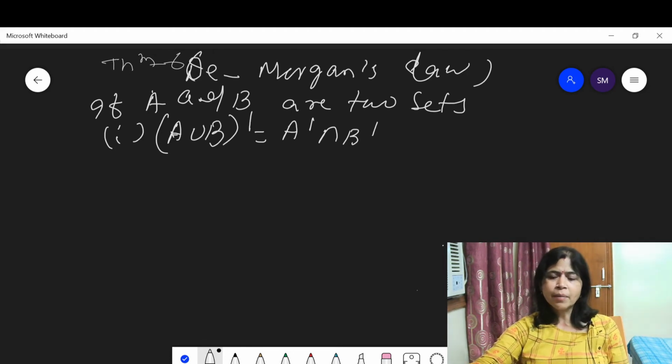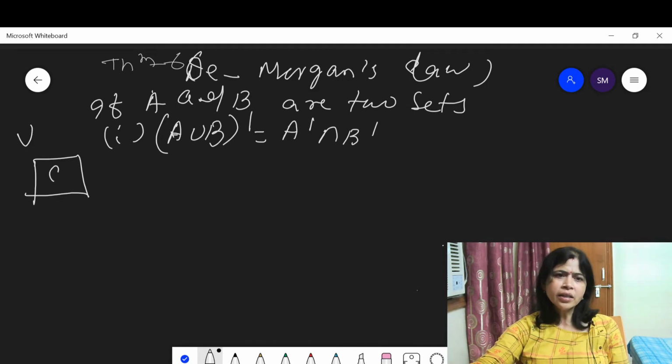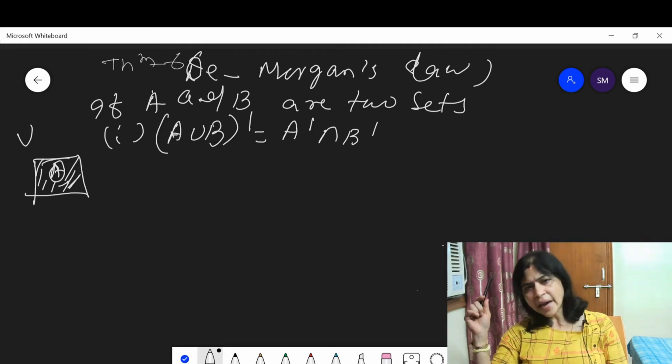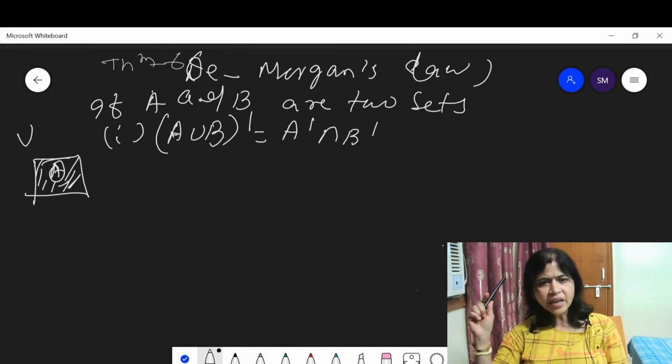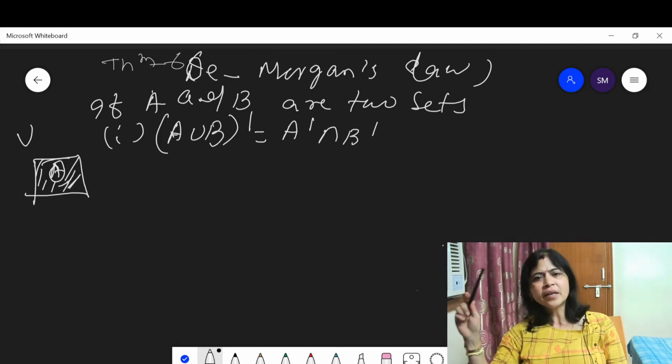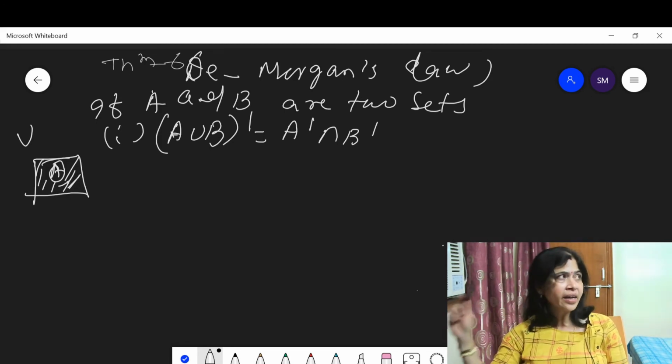Recall the Venn diagram. Suppose this is the universal set. Here this is set A. A dash means these parts, all parts of the universal set excluding A. This is A dash. Here the De Morgan's law first part says that (A union B) dash is equal to A dash intersection B dash.